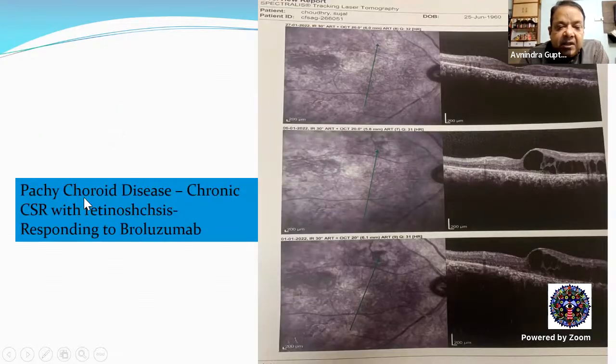This is one of my patients of pachychoroid disease with chronic CSR with retinoschisis. You can see a retinoschisis, and I gave an injection of brolucizumab to this patient. In the first week there was no response, but after 2 to 3 weeks there was an absolute flattening of the edema, and this patient retained good vision.